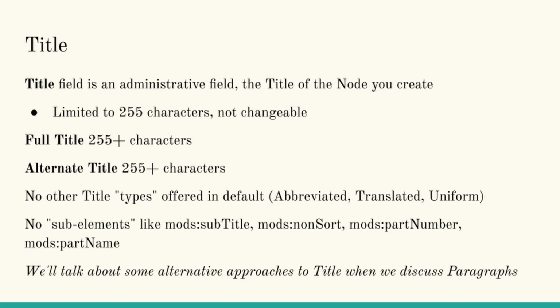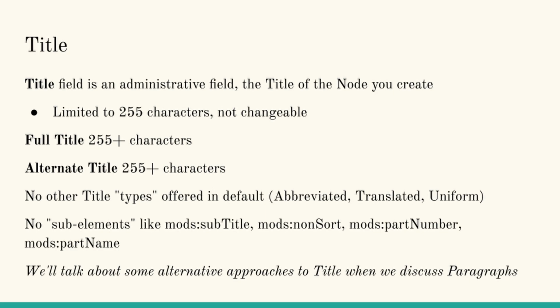So one example is title fields. In the starter site, there are 3 title fields. There's the main title field, which is sort of an administrative field. It is the node title. It is limited to 255 characters. Although that can be changed with a module, but out of the box, 255 characters.